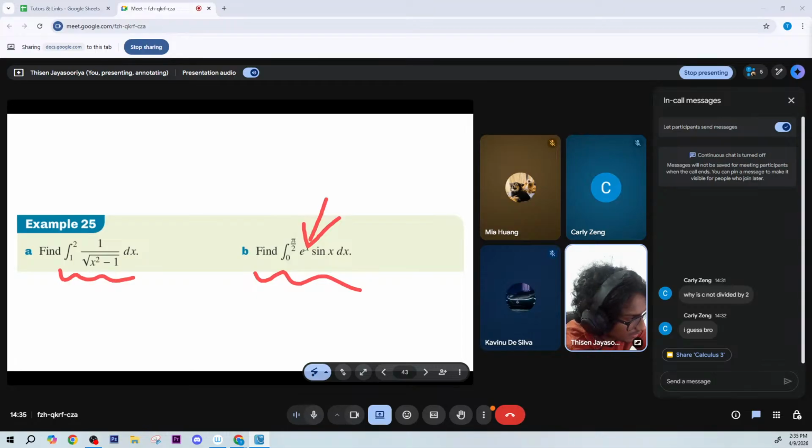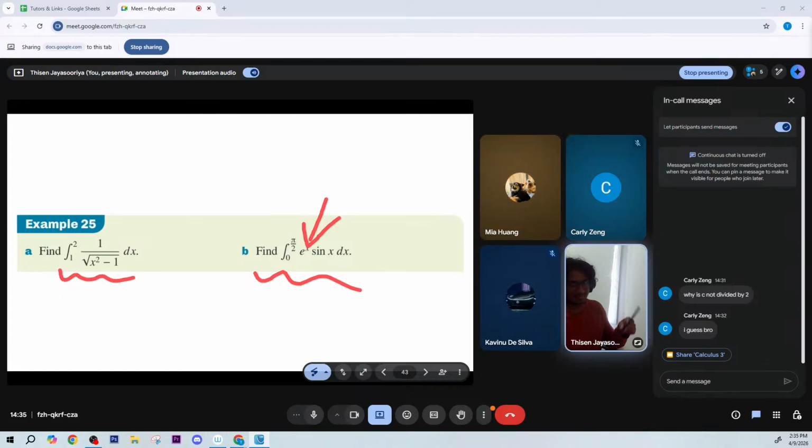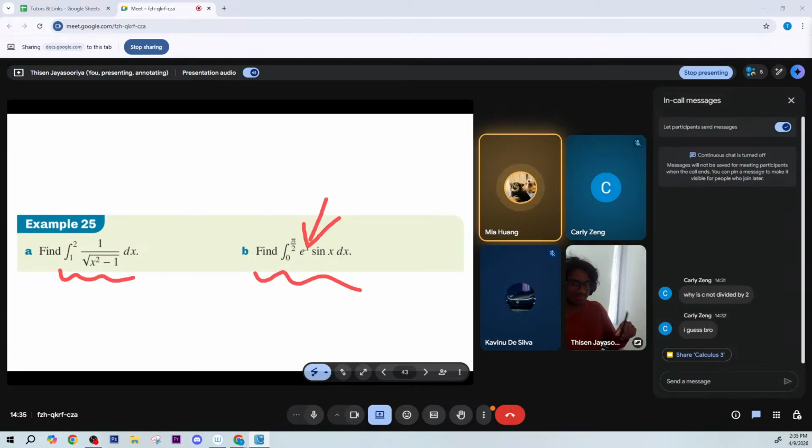I'll ask Mia, what did you get as your exact value for this one? Just the exact value.